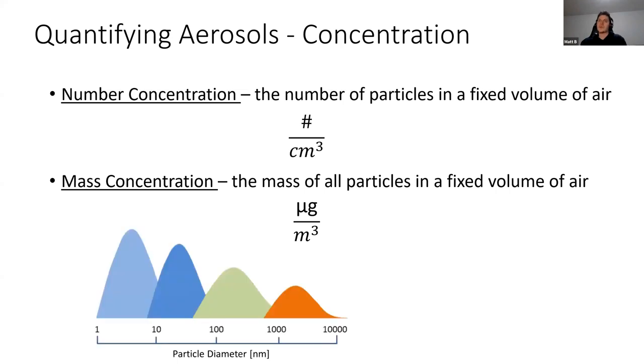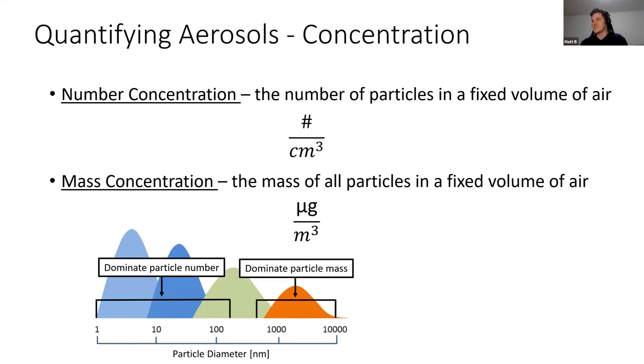So again, the reason we have these two distinctions is because if you go back to this size distribution, I'm going to refer to this several times, by the way, just because it's a really, really nice way to understand how particles interact in the atmosphere. So if you look at the smallest sizes, they dominate particle numbers. So it's really hard to weigh them according to mass because they're so small.